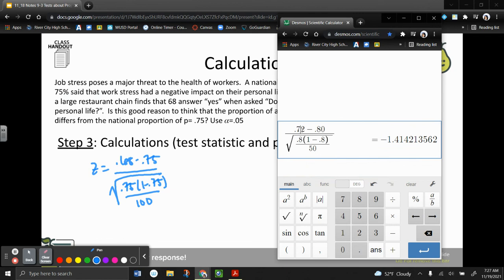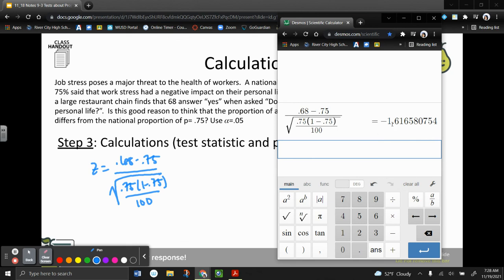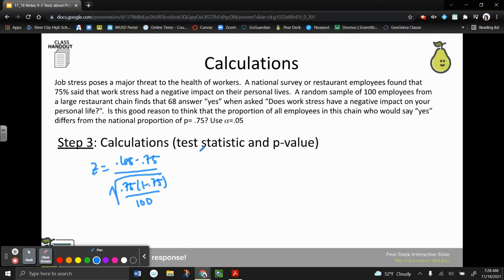So in our calculator here, I'm just going to change these values. That gives me a test statistic of negative 1.62.